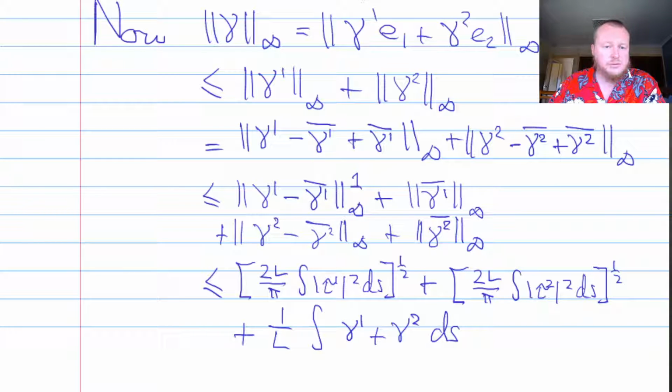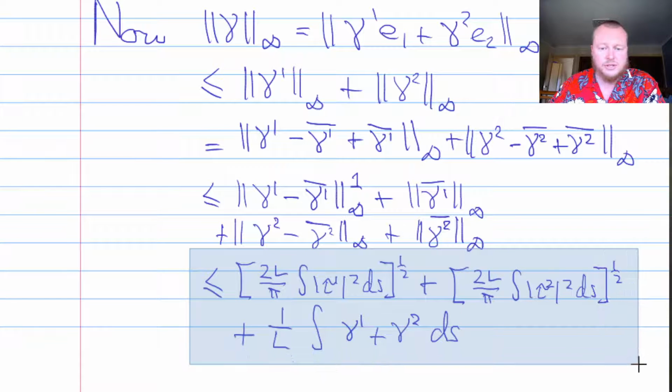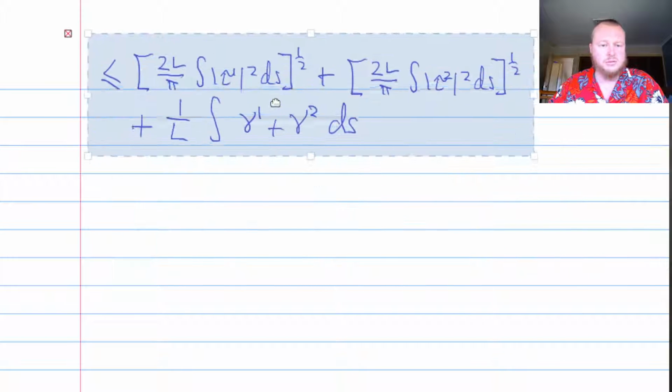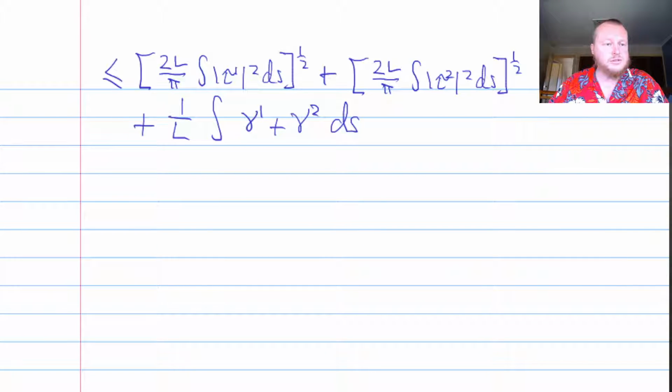So now let's keep going. I think I'll drag this onto the next page. Let's keep going. So like I was saying before, these first two terms are just, because the tau is a unit vector, this is definitely less than 1, so this is just less than some constant. And now what do we do with these guys?